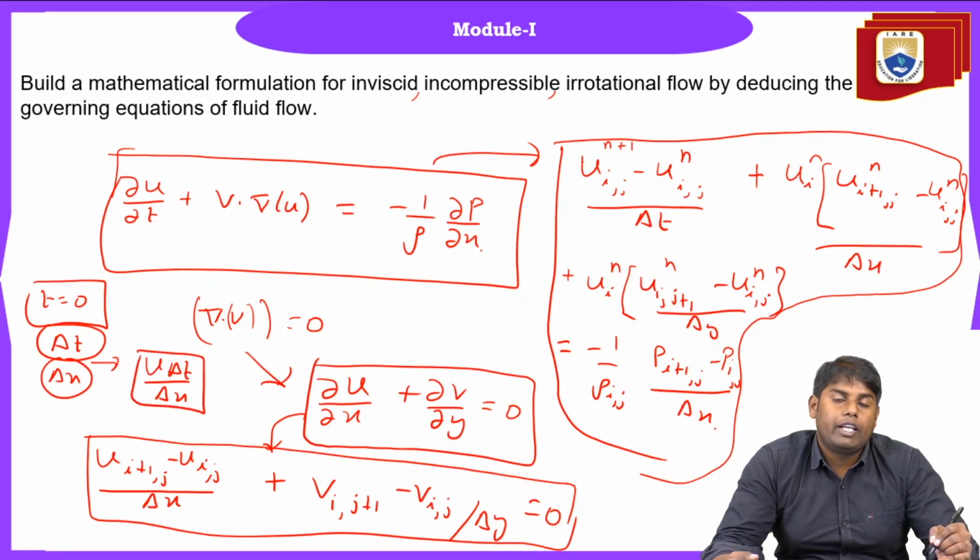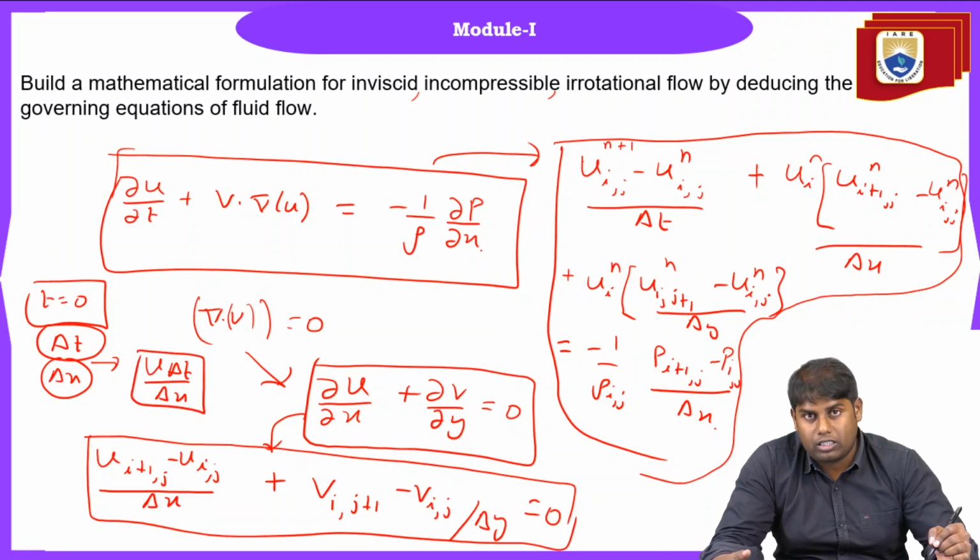This gives the stability of a numerical scheme, whether your numerical scheme is stable, unstable, or conditionally stable. These things are discussed by this parameter, u delta t by delta x.